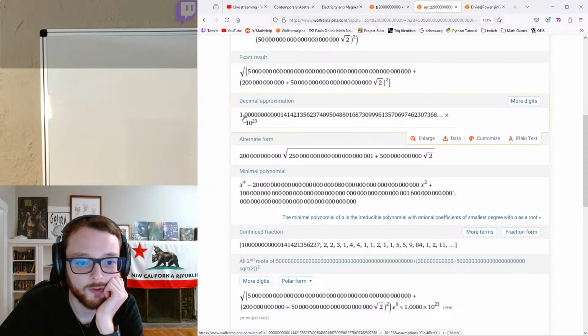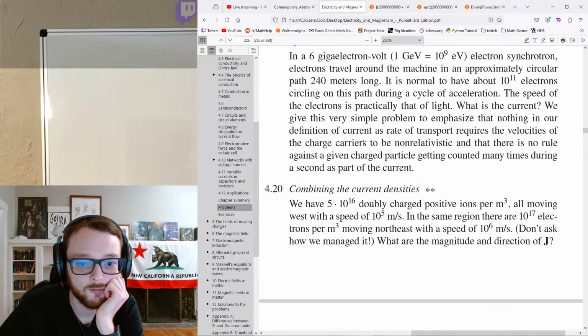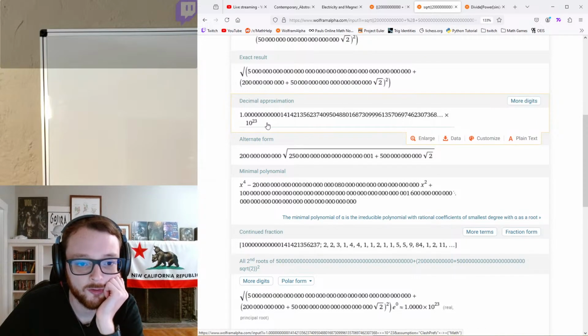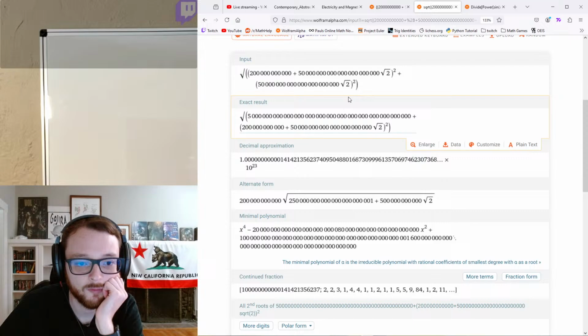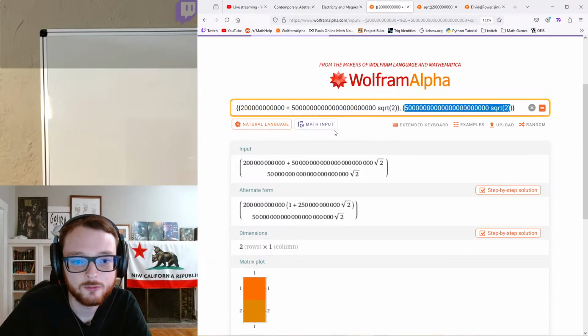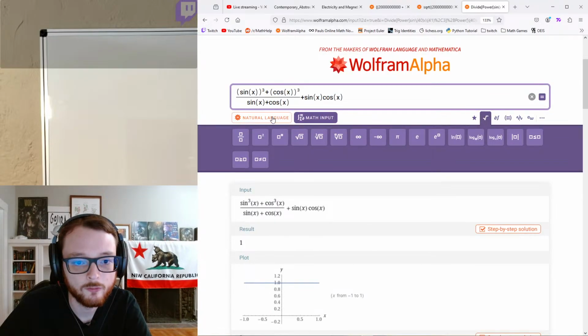So the magnitude of this thing is basically 10 to the 23 of my J vector. Which 10 to the 23 always reminds me of Avogadro's number. But we don't have a 6, so it doesn't work. We do need the direction. So we need an arctan in our lives.